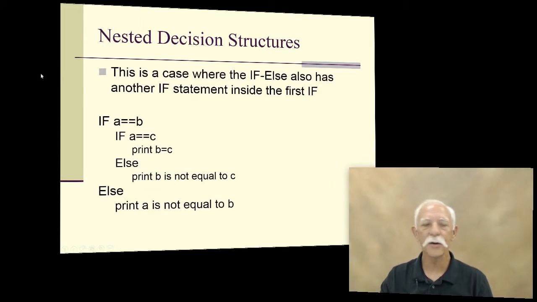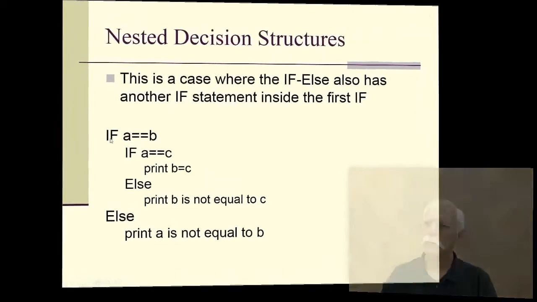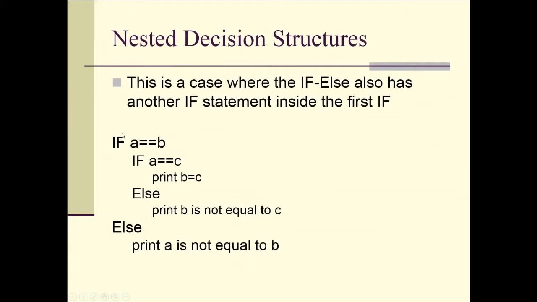As you can see right here, though, what's happening is we've asked if this is true. Well, if that's not true, then we're going to go straight down to the else statement. We're not going to do any of this. But if A is equal to B is true, now ask the second question.